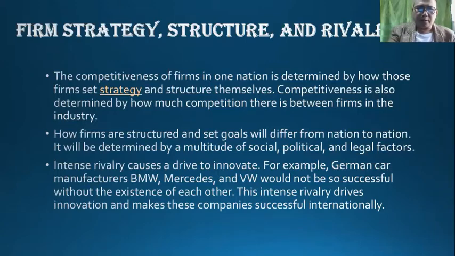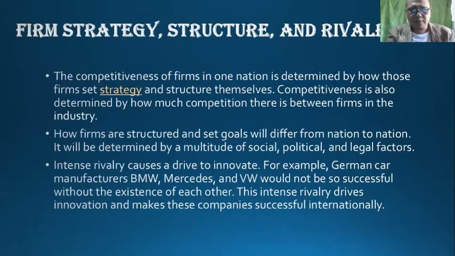Now, what are those actions that the firms should set and structure themselves? We have learned organizational structure in Management 101. So competitiveness is also determined by how much competition there is between firms in the industry.